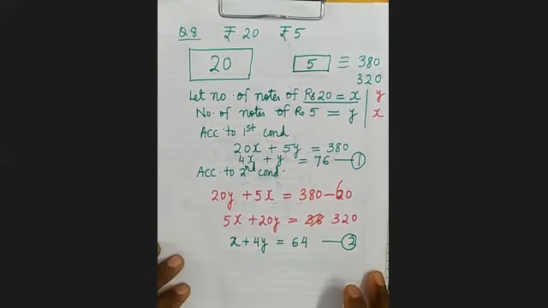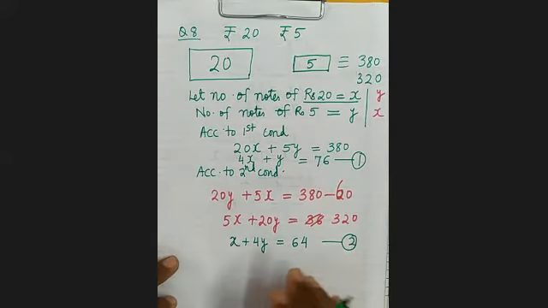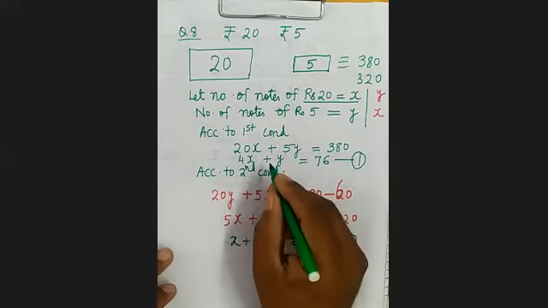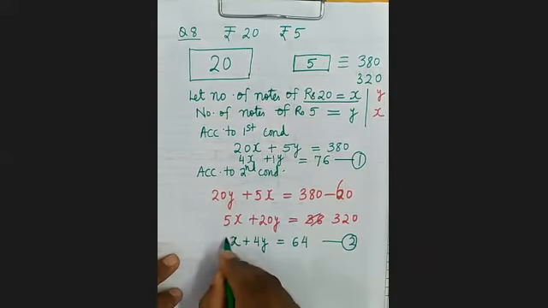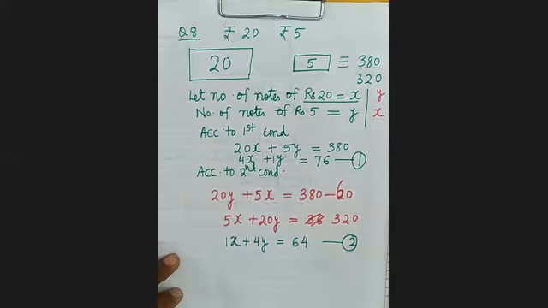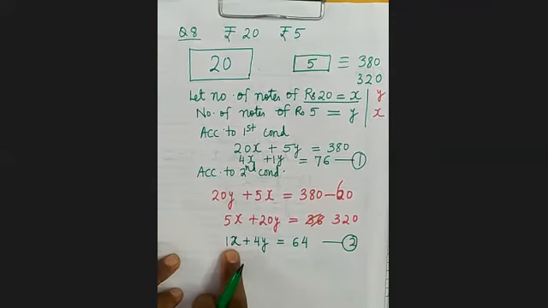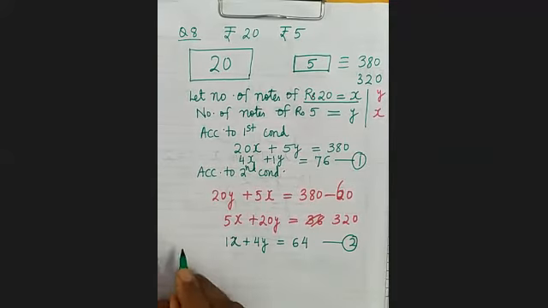Can you do this? Yesterday I told one way of doing such types, in which the coefficients are interchanged. Here x has 4 and y has 1; here it is reversed, x has 1 and y has 4. What will you do?